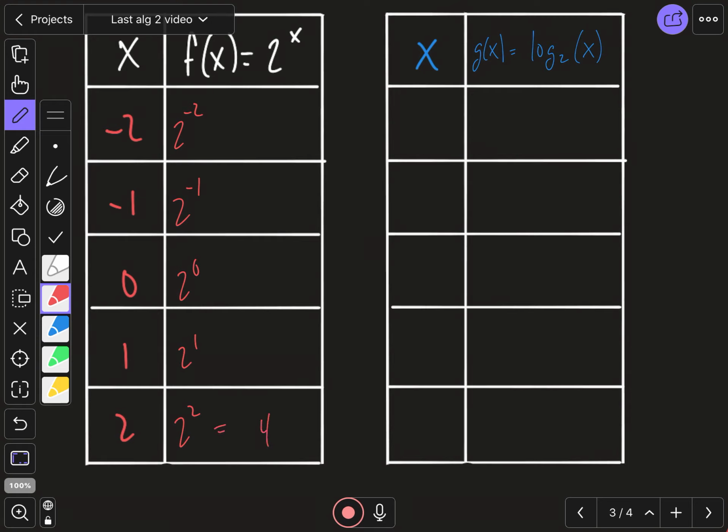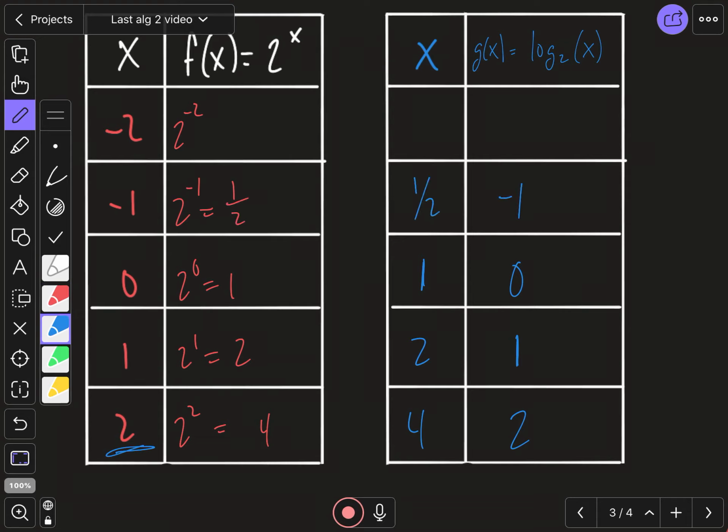Of course, 2 squared is 4. So that's my y value, so my x value over here is going to be 4. And since my x value here was 2, that means that's my y value now. 2 to the first is 2, so that's my new x value here, and my x value was 1, so now my y value is 1. 2 to the 0 is equal to 1, so that's my new x value, and my x value was 0, so that's my new y value. 2 to the -1 is 1 over 2, so that's my new x value.